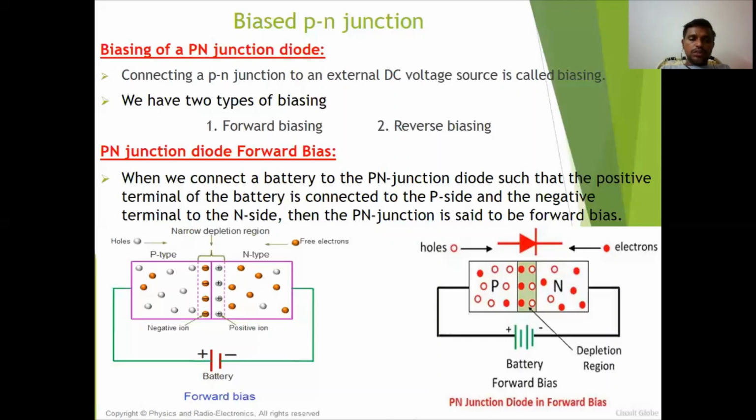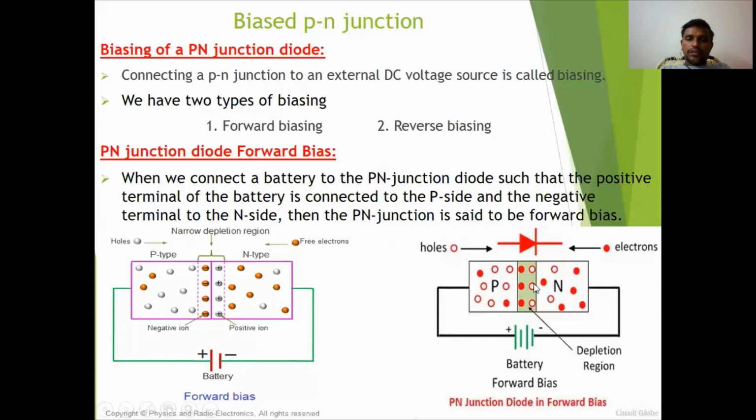That means the holes will be repelled by the positive terminal connected to the p-type, and they will move towards the junction. At the same time, the electrons will be repelled by the negative terminal of the battery, and they will also move towards the junction.